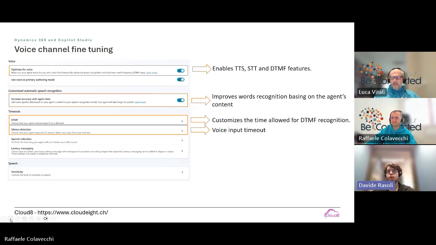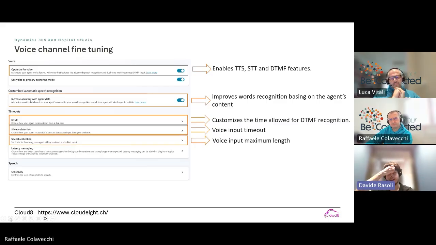So for those cases where the bot asks the customer for a code, the customer code, or a specific number to bind the call with a specific customer in the database, the silence detection allows you to understand if the customer is ready or not, and so needs more time. And this silence detection timeout can be customized.